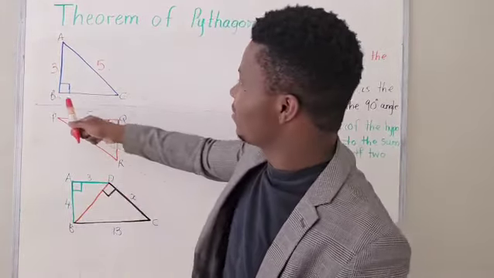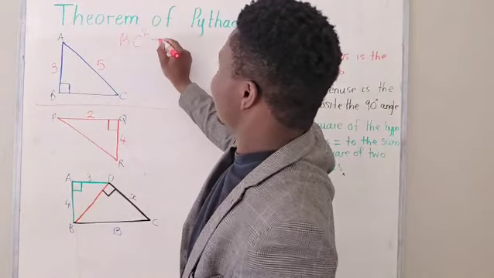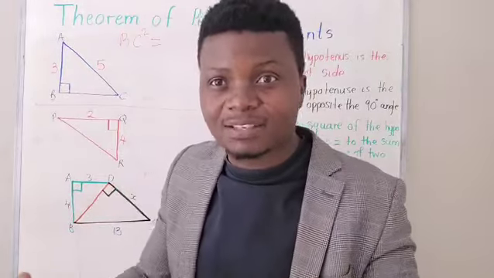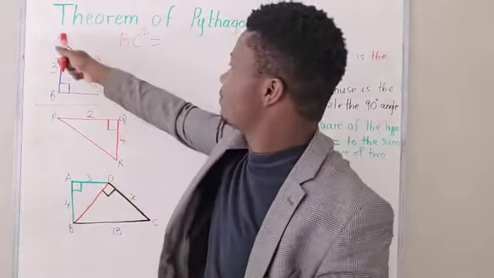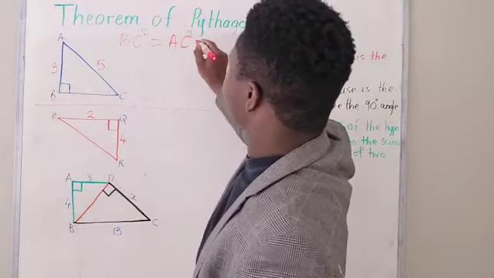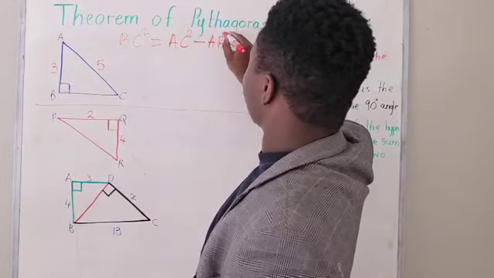Okay, so what are we looking for? BC. So this is BC squared equals, since I'm looking for a smaller side, what do we do? We subtract from the biggest side. So my biggest side is AC, AC squared, which is my hypotenuse, minus the other smaller side, AB squared.